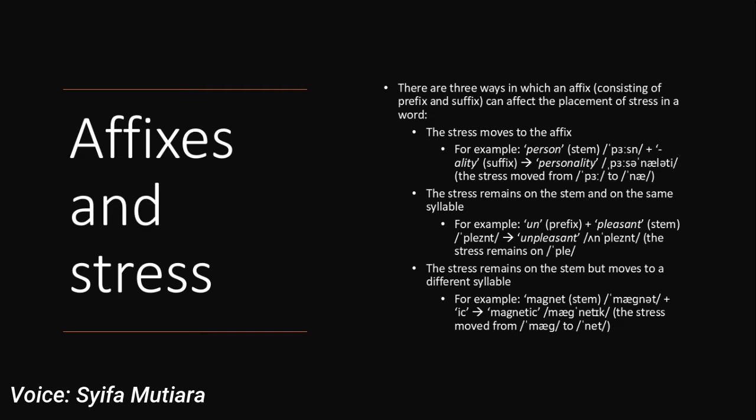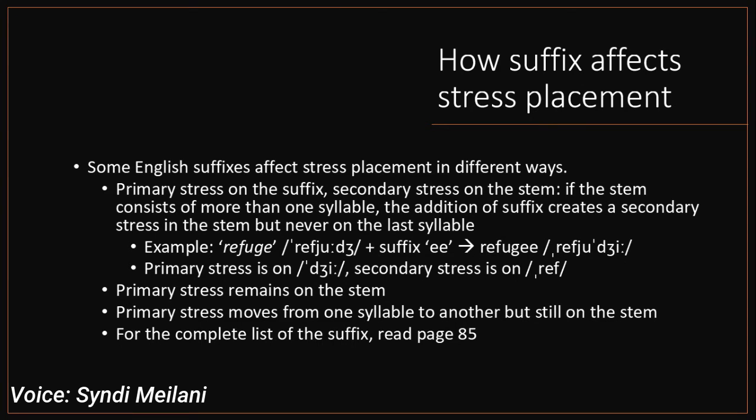the stress moves from mag to net, so it becomes magnetic. How suffixes affect stress placement. Some English suffixes affect stress placement in different ways. First, primary stress on the suffix, and then secondary stress on the stem. If the stem consists of more than one syllable, the addition of a suffix creates a secondary stress in the stem, but never on the last syllable.